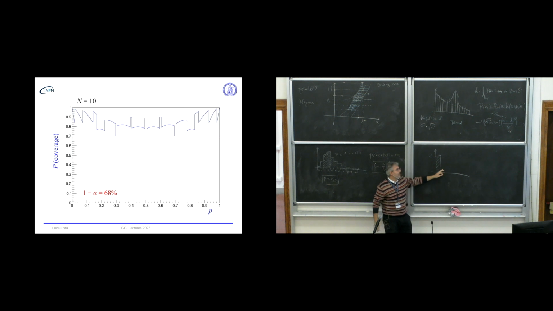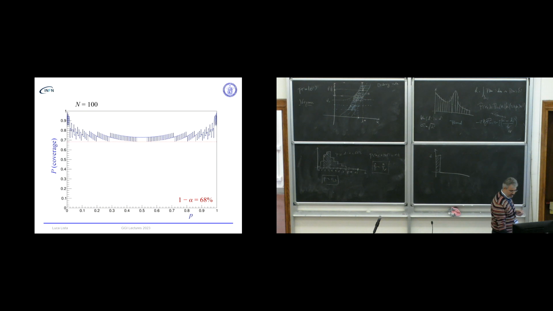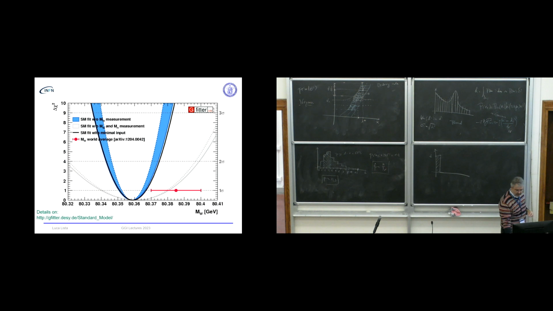So whatever interval I do, this will cover with 100% probability. There is no way to exclude the true value, and this is a bit unpleasant. If you increase the number of entries, you get closer to the expected value in the central region, but at the extreme, you still have this strange thing.